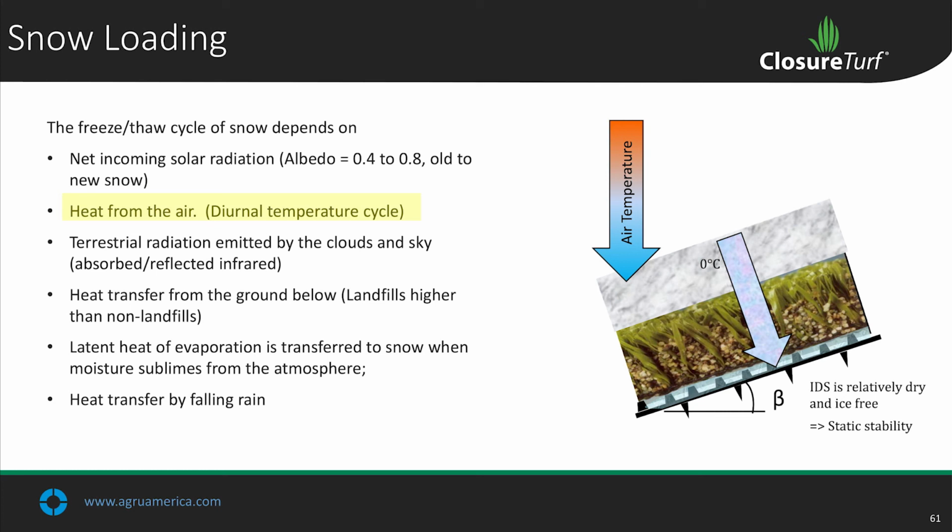So what happens is the water in that IDS matrix will run off, it'll be dry. So there's always going to be contact between the IDS studs and the bottom of the turf, hence static stability. That's my explanation as to why these systems don't fail in the presence of snow load. Ice is not an issue.